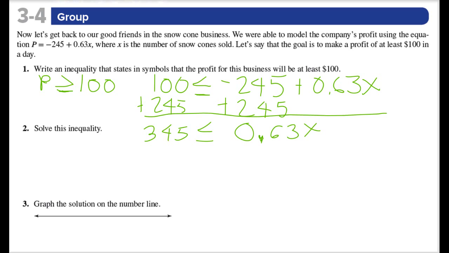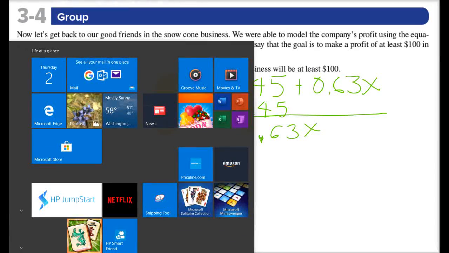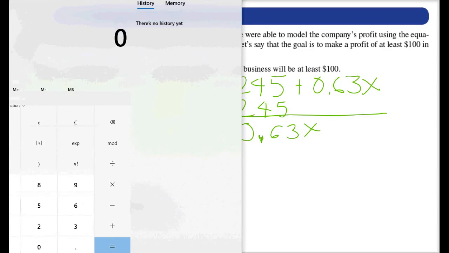And if we think about it, to answer the question that's stated, we need to make $245 and then another $100 to make the profit. So we need to bring in a total of $345. And now, to figure out how many snow cones that is, we have to divide by 0.63, because we get 0.63 every time we sell a snow cone.